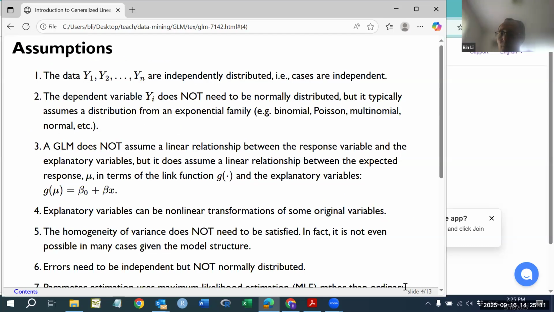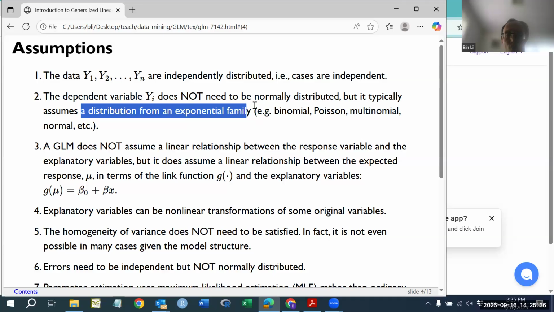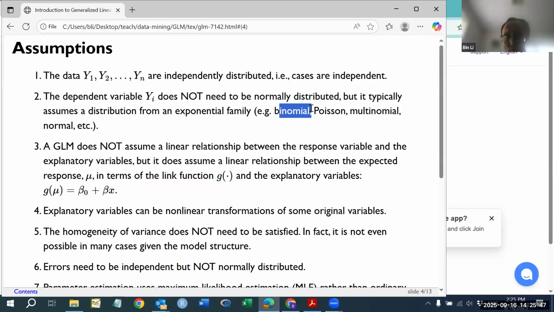Before we talk about examples, I also need to talk about assumptions. Just like the linear regression model, the generalized linear model also has some assumptions. The first one is the independence assumption. Second, the dependent variable doesn't have to be normally distributed, but it should follow a distribution that comes from the exponential family. The normal distribution is a member of that family, but the family includes more, such as the binomial, Poisson, multinomial, and so on.